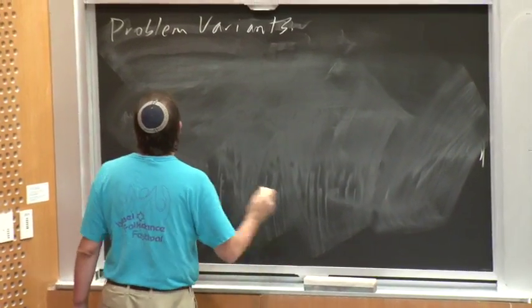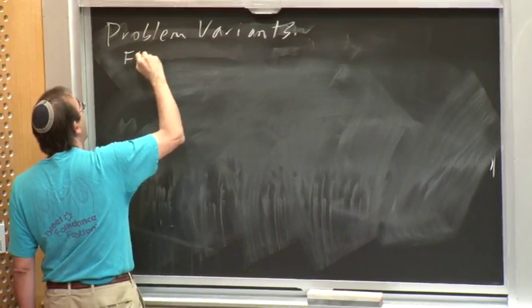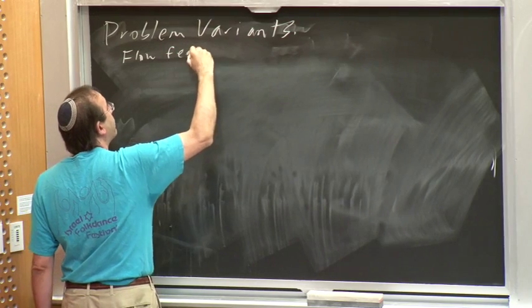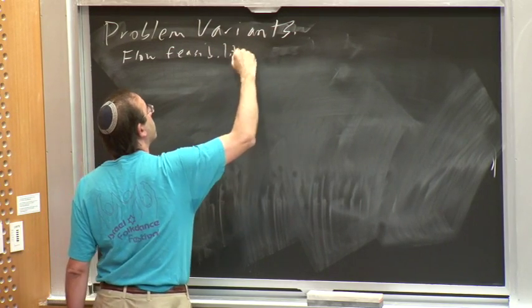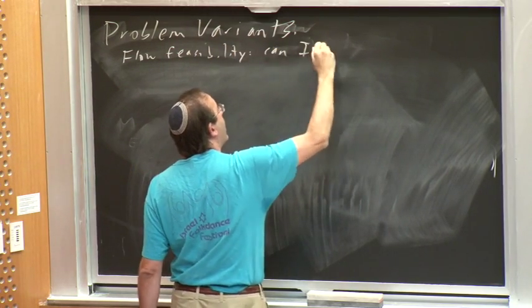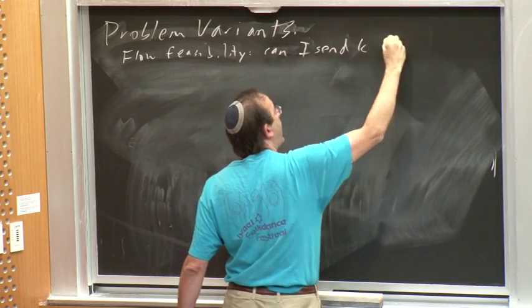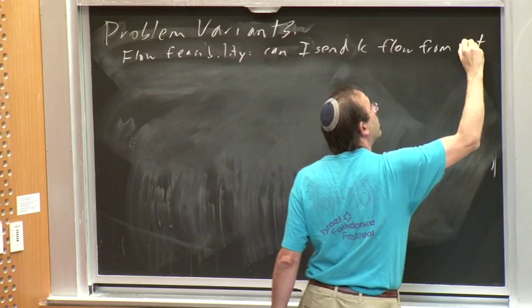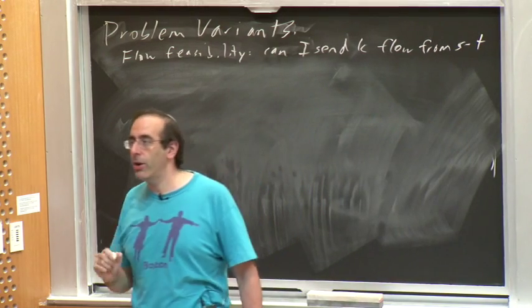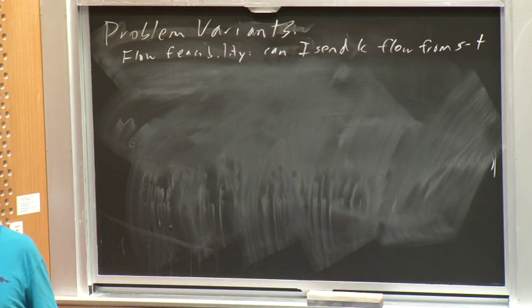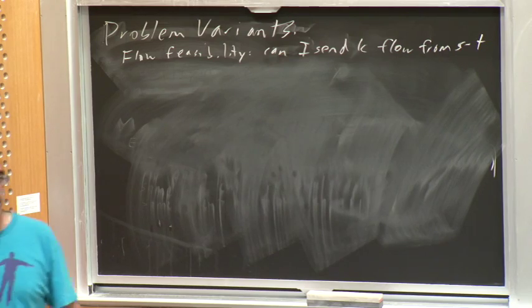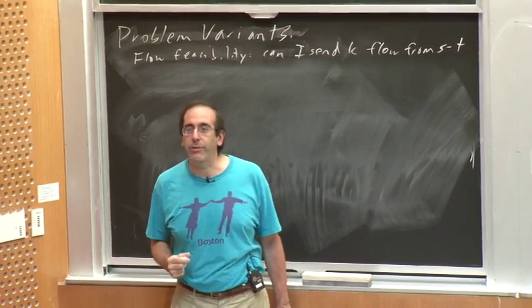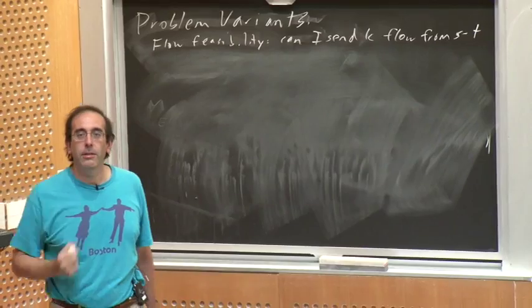So, for example, you can ask a problem of flow feasibility. Can I send K flow from S to T? Is that question any harder to answer? How would I decide the answer to that feasibility question?